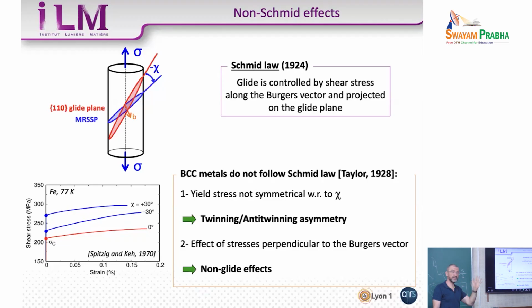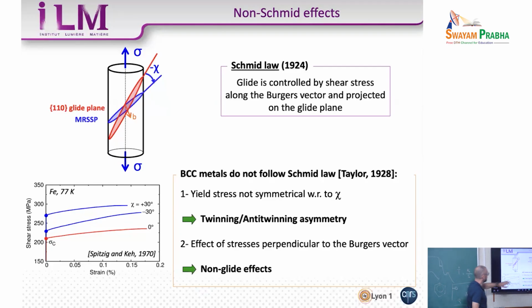You do it in FCC, it works fine. You do it in BCC, this is an experimental example. This is if you are applying the resolved shear stress right on the 110 slip plane of the dislocations. This is if you apply it at 30 degrees. This is if you apply it at minus 30 degrees. This difference here is called the twinning, anti-twinning asymmetry.